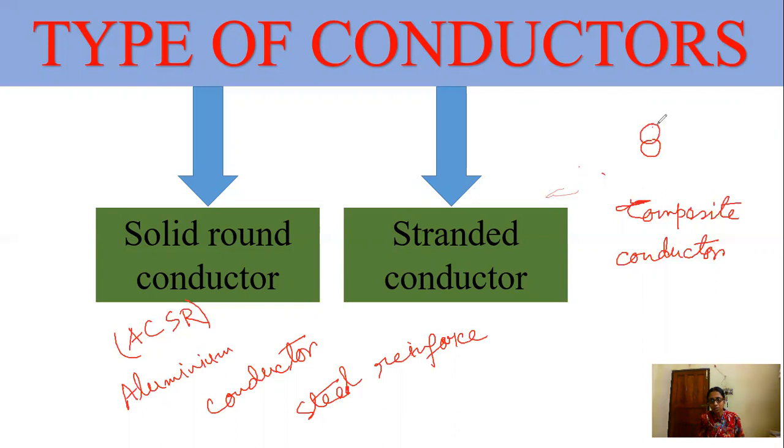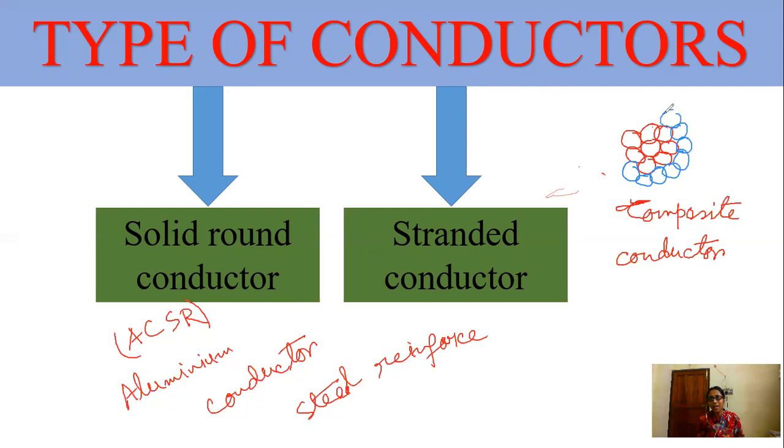Just see here how the strands are aligned. Inside, the strands marked by red color are of steel, and the strands marked by blue color are of aluminium.